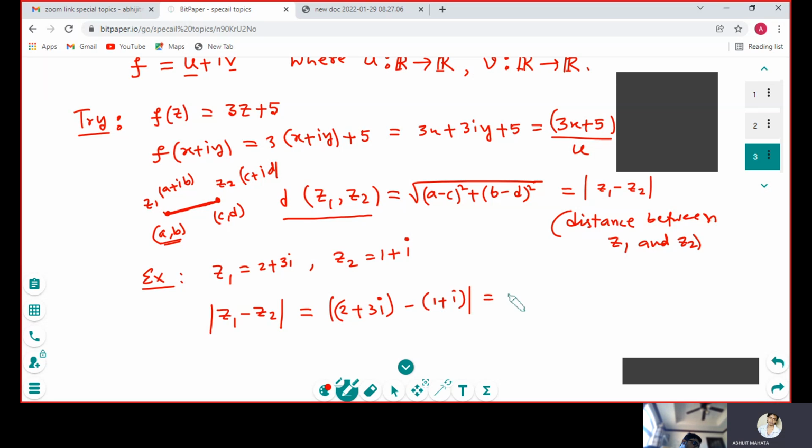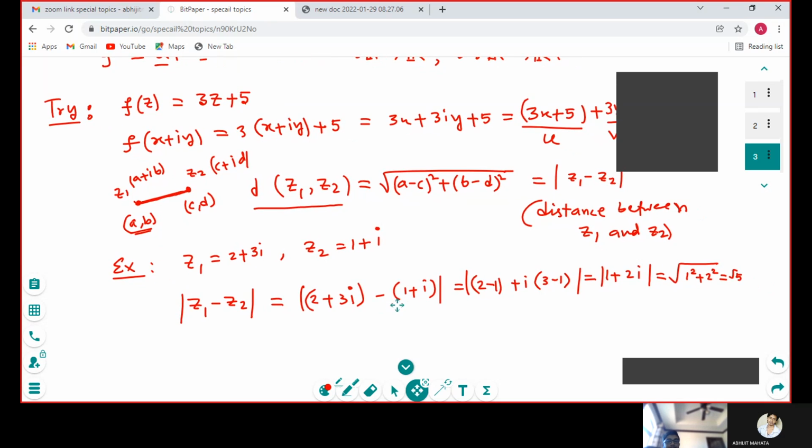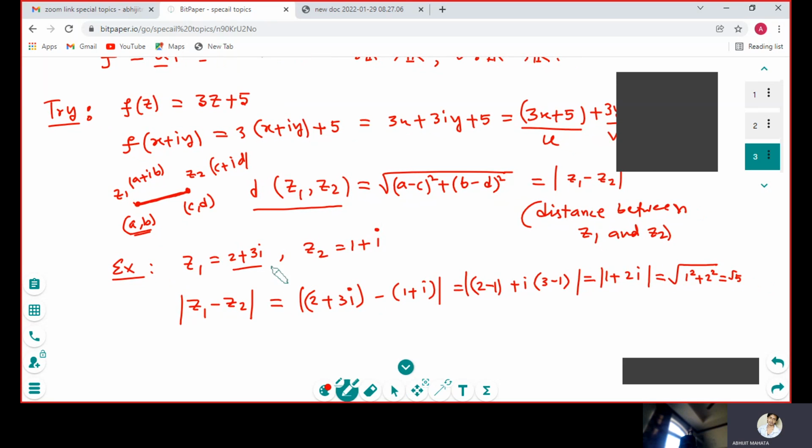It will be 2 minus 1, plus i times (3 minus 1). So the absolute value of 1 plus 2i. This is nothing but the square root of 1 square plus 2 square, so square root of 5. Got it? Right, so the distance between these two complex numbers is square root of 5. You can calculate the distance between any two complex numbers.